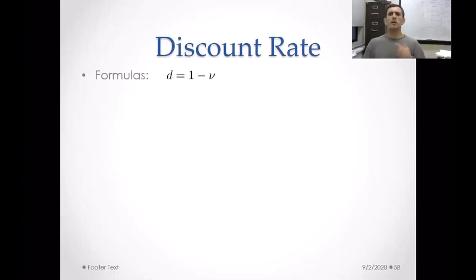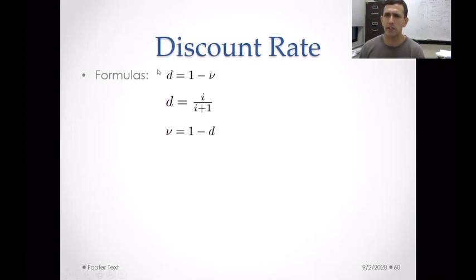Okay, so we have a bunch of formulas in terms of discount rate. The definition of the discount rate is 1 minus nu. Nu is itself 1 over 1 plus i, so you just simplify 1 minus 1 over 1 plus i. You get i over i plus 1. Should be able to do that, I hope. You get nu is 1 minus d, not a whole lot to say there.